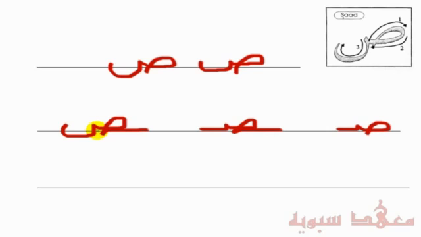So that's how it's done. Now writing three sads as if they were in the same word is as follows. So that's the letters joined together.